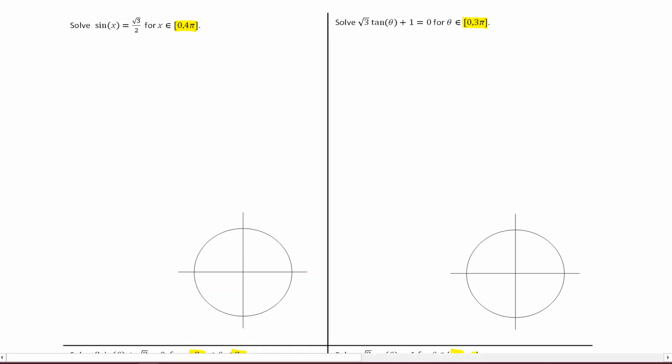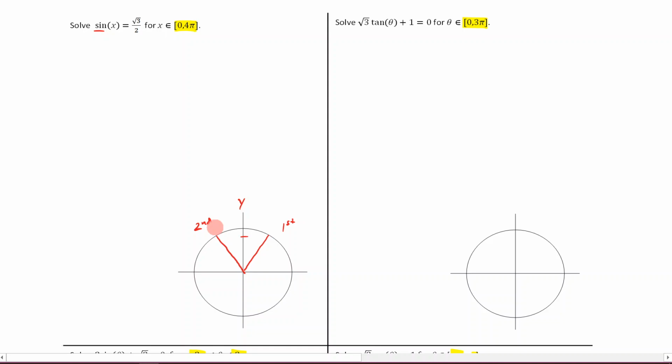Again, it's always nice to think about things in terms of your unit circle. So if I've got sine, and I know that I'm dealing with my y-axis, and then I've got the square root of 3 on 2, that means I'm up here. So I'm dealing with here, and I'm dealing with here, which means I'm looking at my first and my second quadrant. That's where my solutions are going to exist.